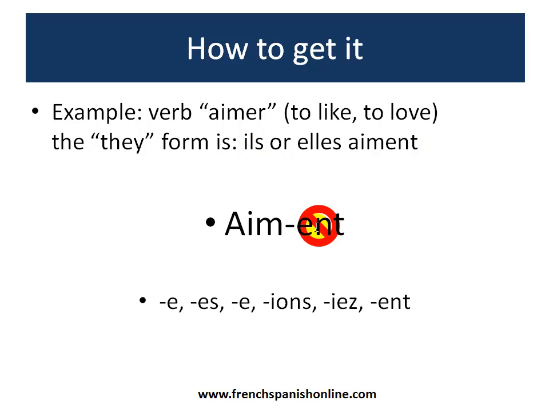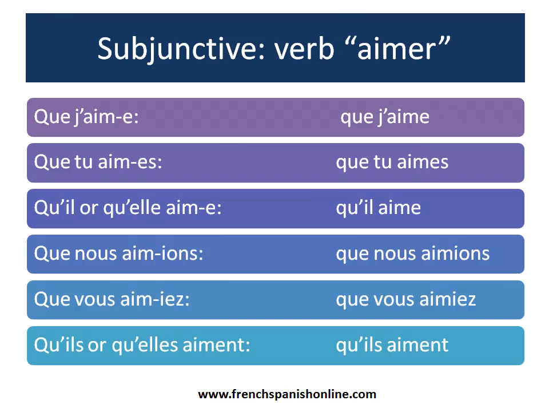You drop the ending, ent, so you've got your stem, and here are the subjunctive endings: e, es, e, ions, iez, ent. So for the verb aimer, we have que j'aime, que tu aimes, qu'il aime, que nous aimions, que vous aimiez, qu'ils aiment.